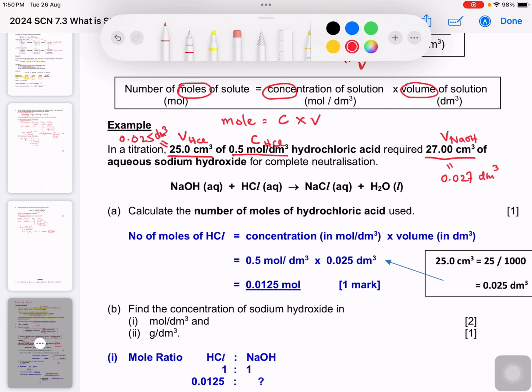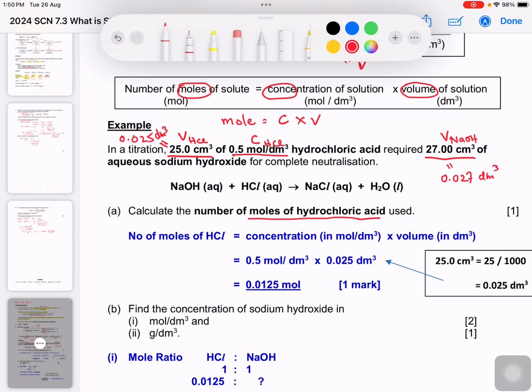Now, what is our unknown? What do we want to calculate? This is our unknown: moles of hydrochloric acid. So what formula do we use? To know which formula to use, we must see what information we are given in the question. We are given volume and we are given concentration.